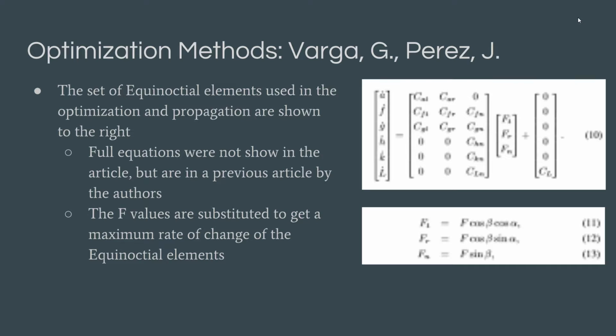So the set of equinoctial elements that they use is shown here. The full equations are not shown because they are long and very complicated, but they are referenced in a previous article written by the authors, and the F values at the bottom right are substituted in to get a maximum rate of change of the equinoctial elements.